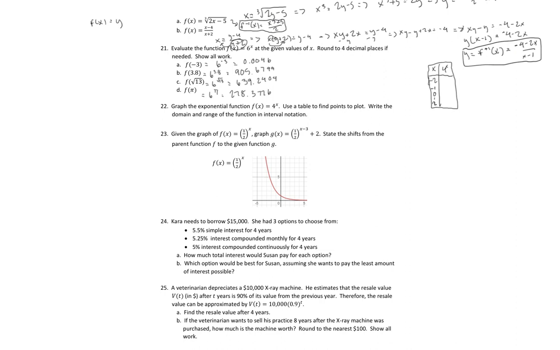And so then if we plug in these points, 4 to the negative 2, that's going to be 1/16, right? And then if we do negative 1, that's going to be 1/4. And then 4 to the 0 is just going to be 1. And then 4 to the first is just going to give us 4. And then 4 to the second power is going to give us 16.